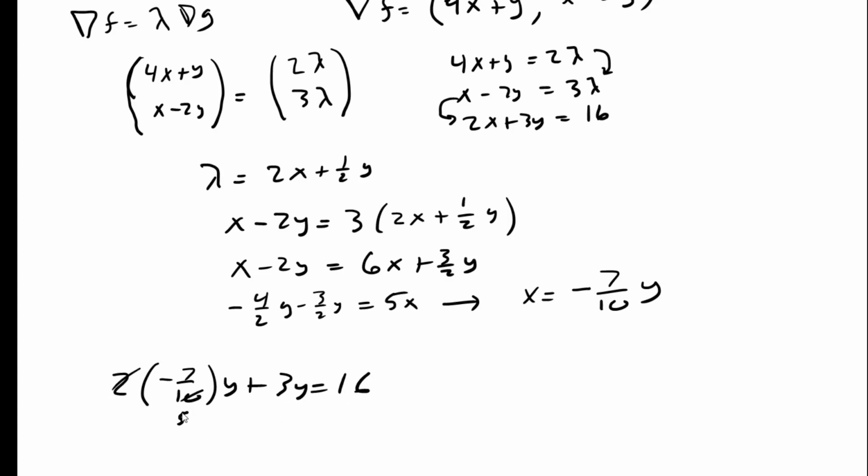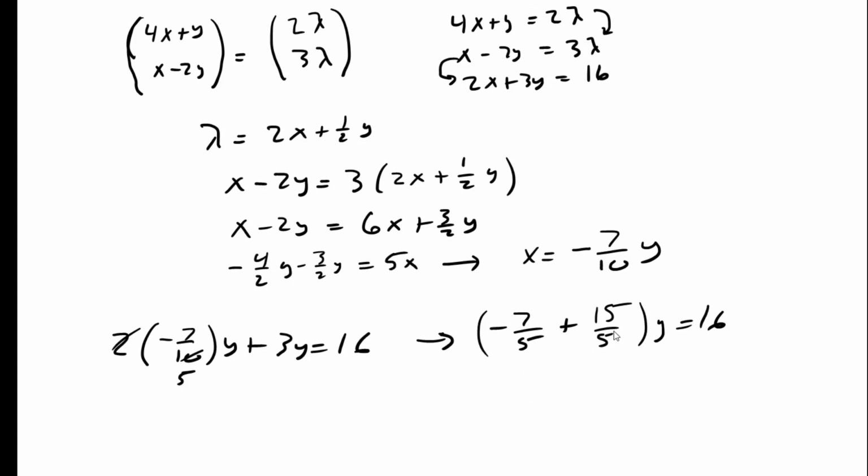Those 2's cancel, that's a 5, and I get minus 7 over 5 plus 15 over 5, y equals 16. This tells me that I have 8 over 5 y. Solve for y, and I have y equals 10.